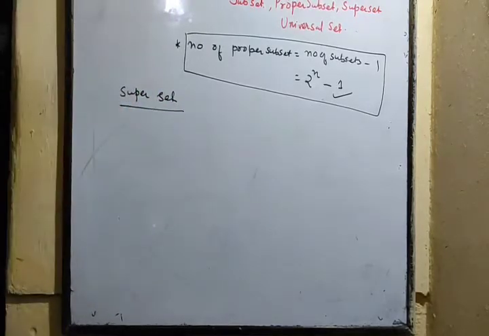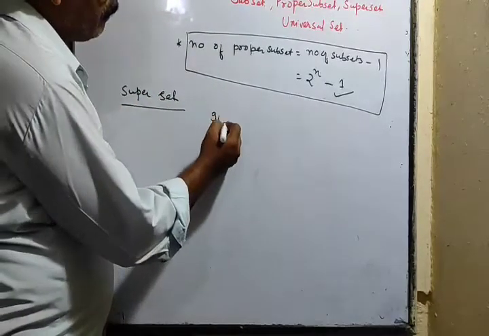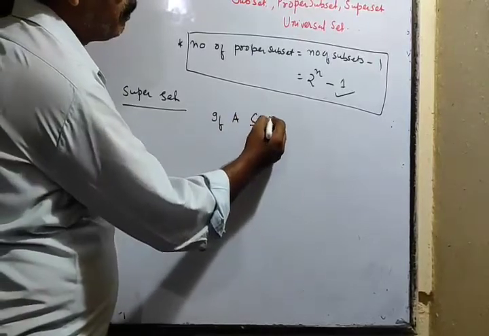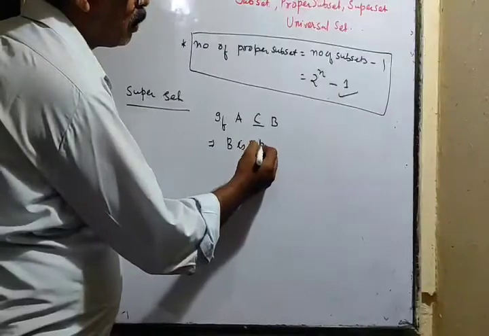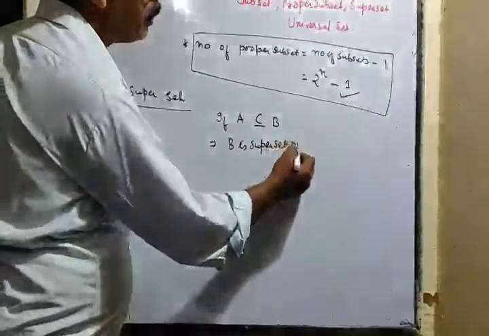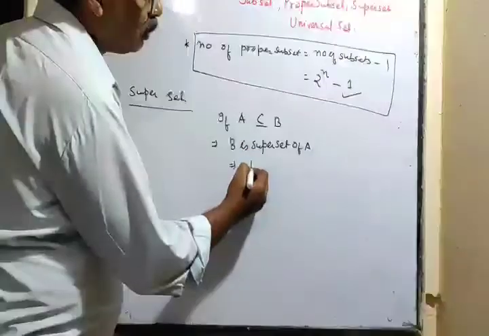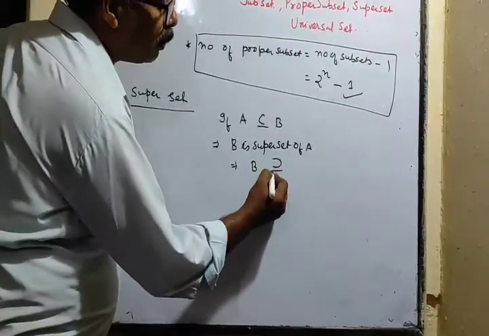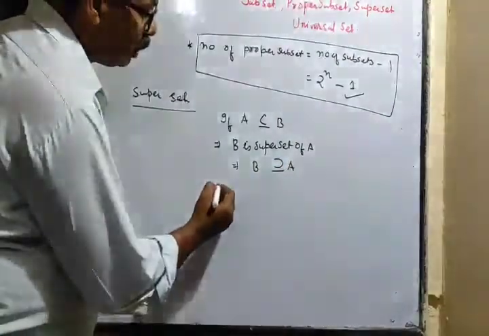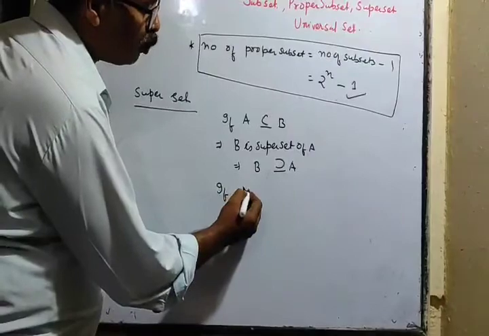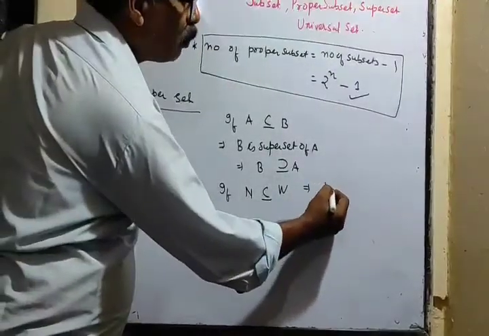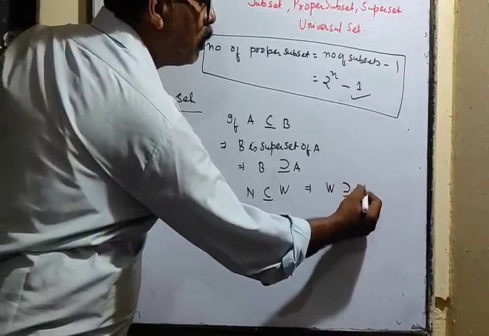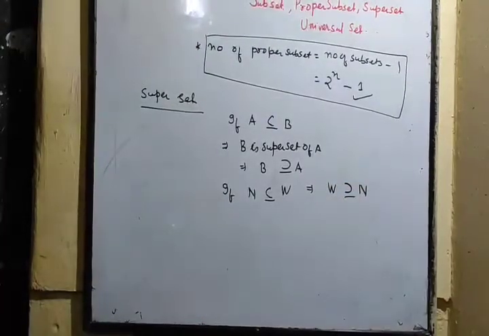If A is a subset of B, it implies that B is a superset of A. This sign we are using. Similarly, if natural numbers are a subset of whole numbers, it implies that whole numbers are a superset of natural numbers.